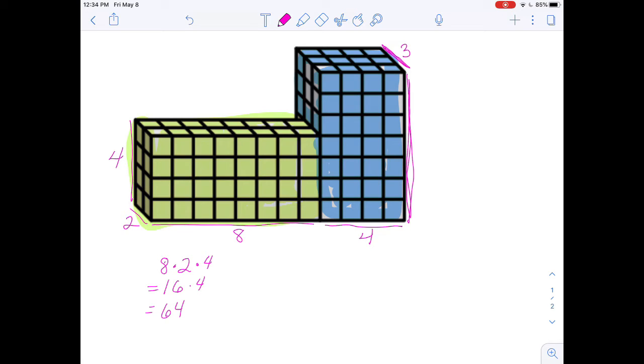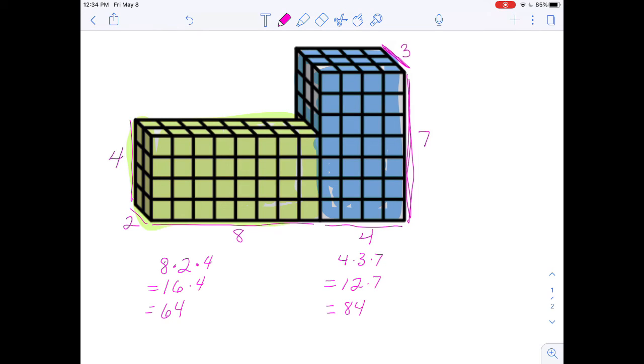And the height is 7. So 4 times 3 times 7, which is 12 times 7, which is 84 cubic units.